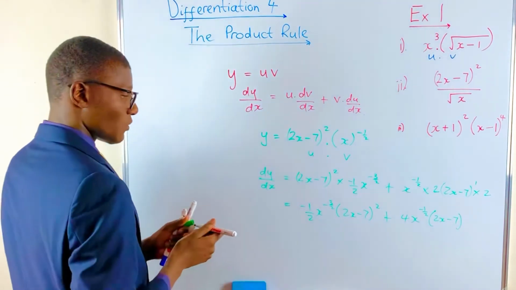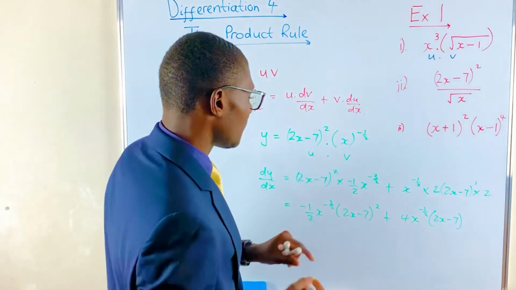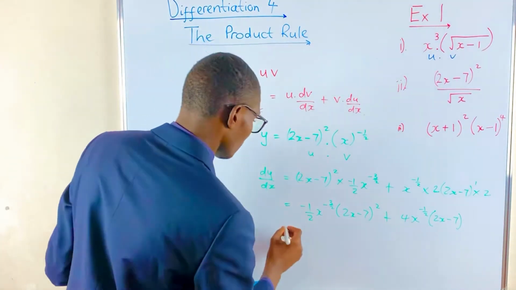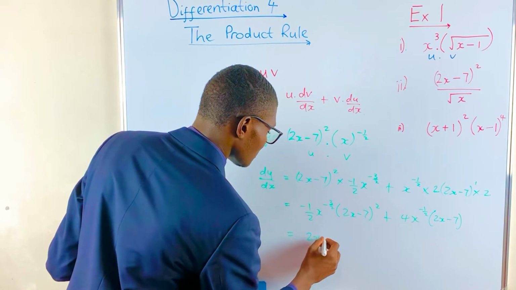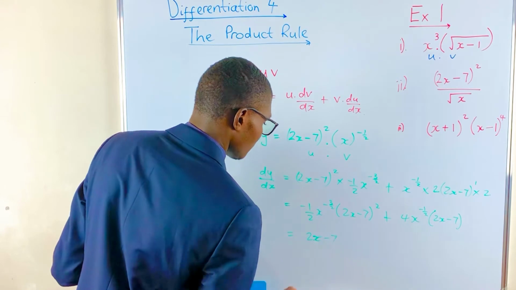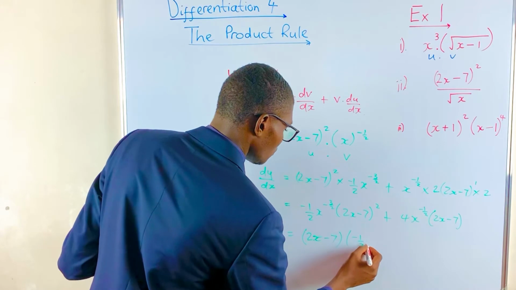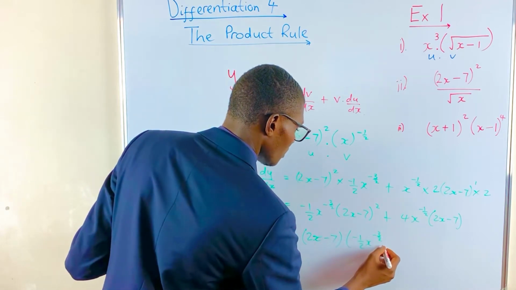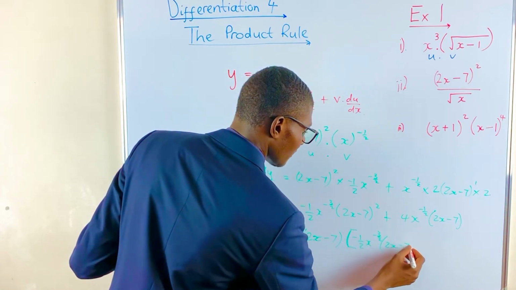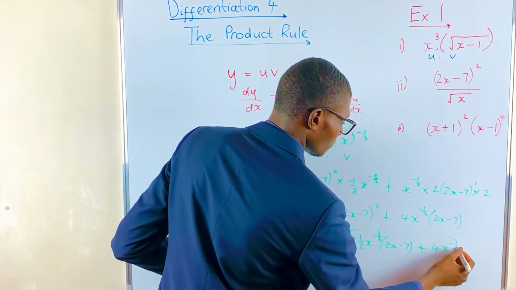And of course, we know you can factor out. So here you can decide to factor out 2x minus 7. Right, you get minus 1 over 2 x to the power of minus 3 over 2 times, let me put a square bracket there, 2x minus 7, then plus 4x to the power of minus 1 over 2.